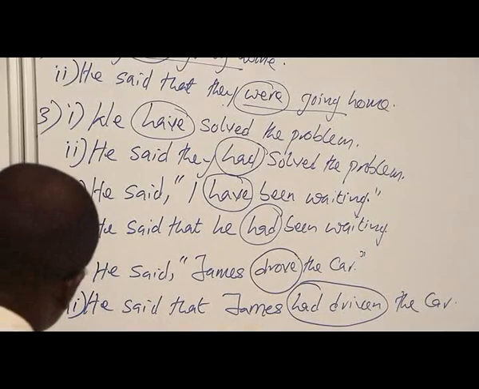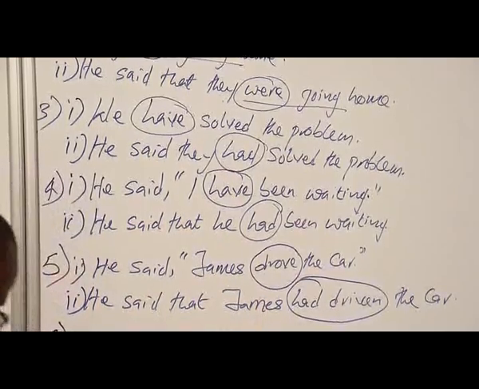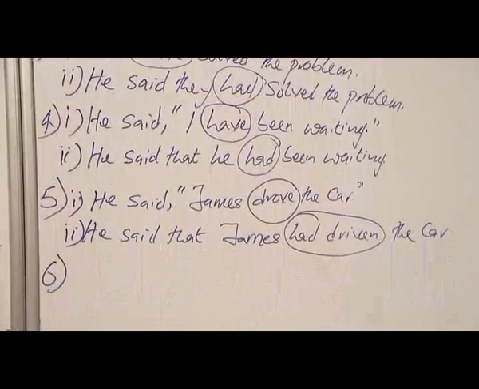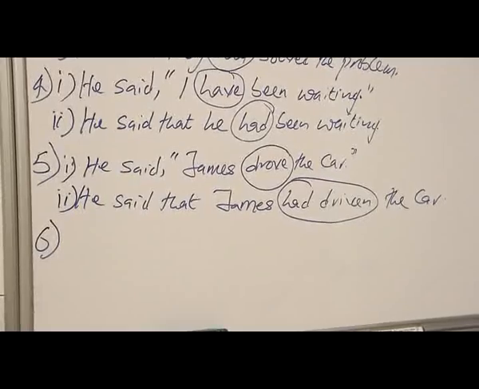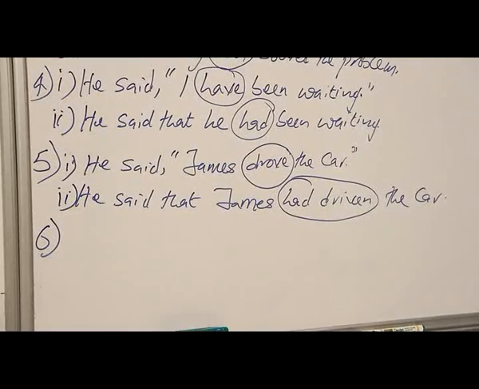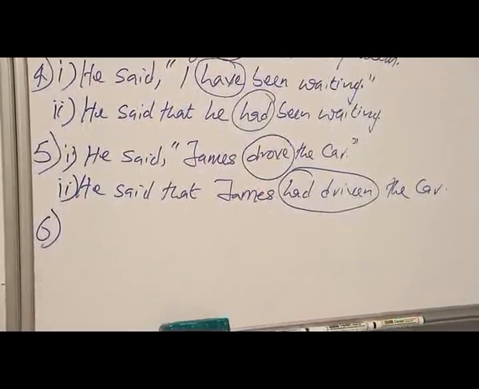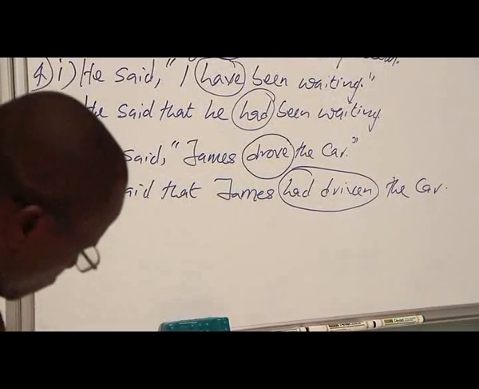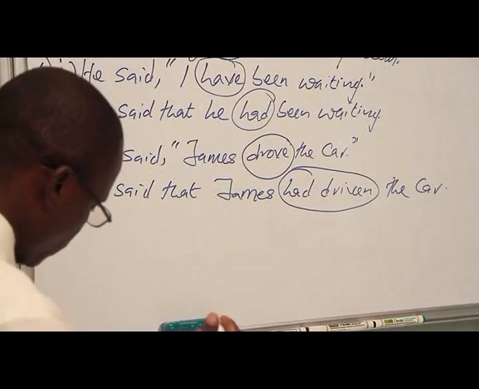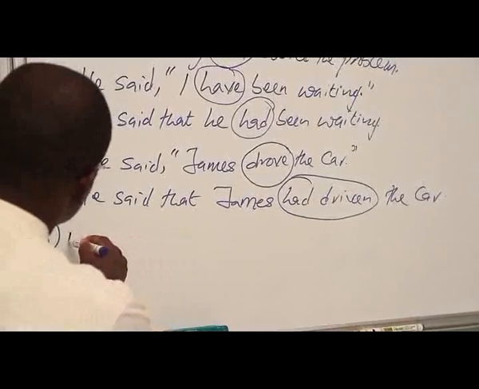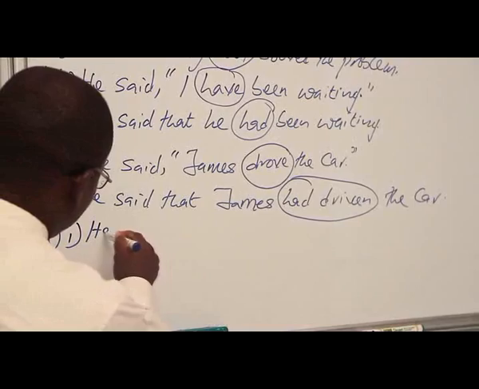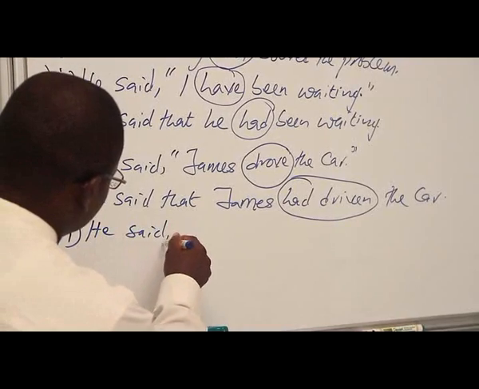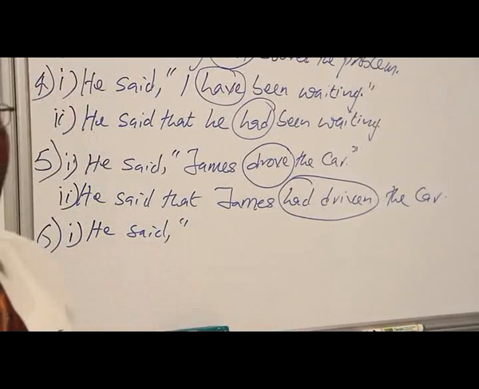Now, we'll take number 6. What if we have a case of the future tense? For example, the simple future tense. What do we do? Let's take an example to illustrate. He said, well, it can also be she said.